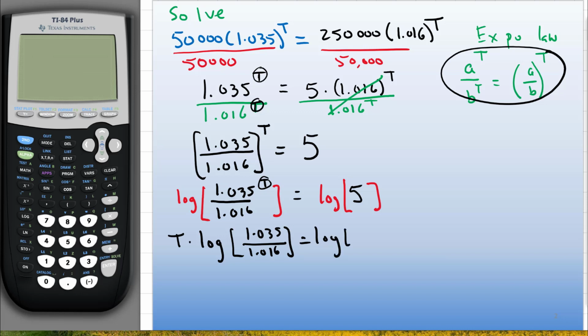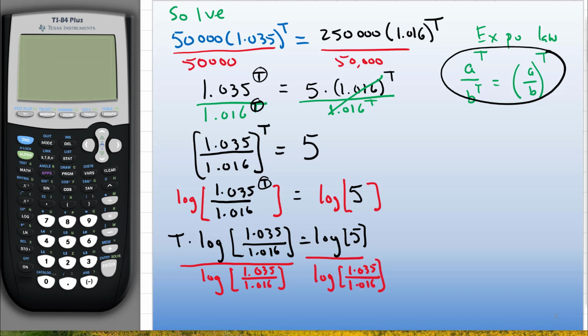And once I've taken the exponent t out, I am very close to solving this. All I have to do is divide. Now the thing I have to divide by is this giant log, but I have to do it on both sides. Okay, so all of this divides out, and that leaves me t alone.